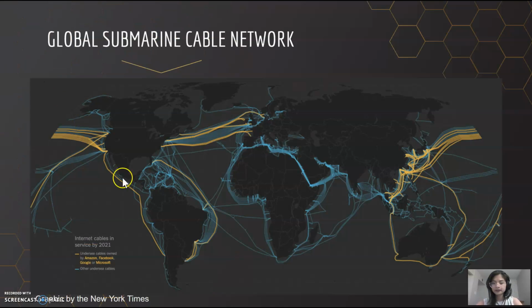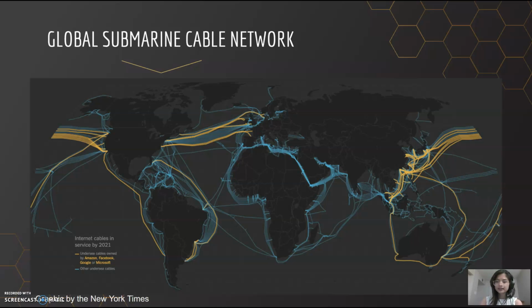This is a map of all of the cables that we actually have in place in the ocean. And you can see these yellow lines are cables owned by big companies such as Amazon and Google and AT&T. And these are huge optical fiber cables that are very much protected to withstand forces such as underwater pressure and wildlife.